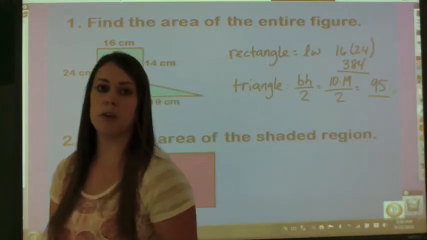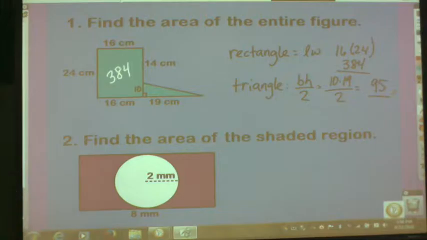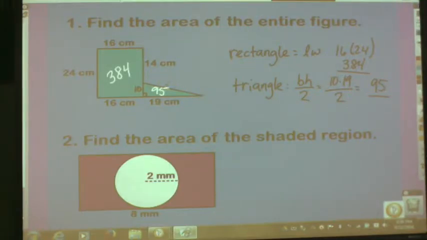Okay, but remember, the question said find the area of the entire figure. If it helps, you can write 95 in the triangle. So we know that the rectangle was 384, the triangle was 95, so to find the total area, we need to add 384 plus 95, and you should get 479.